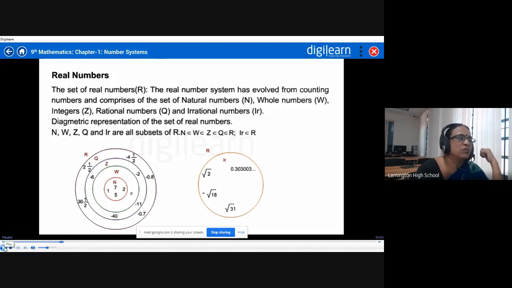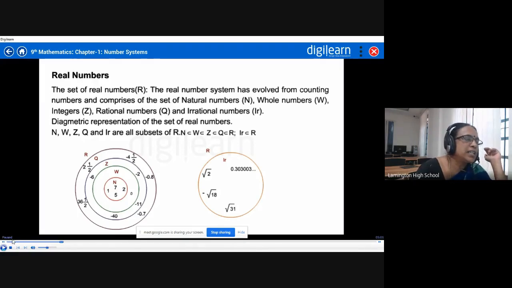Real numbers means what? It is a set of real numbers represented by capital R. The real number system has evolved from counting numbers and comprises the set of natural numbers. Real numbers include all natural numbers, whole numbers, integers, rational numbers, and irrational numbers. These all together we call real numbers.